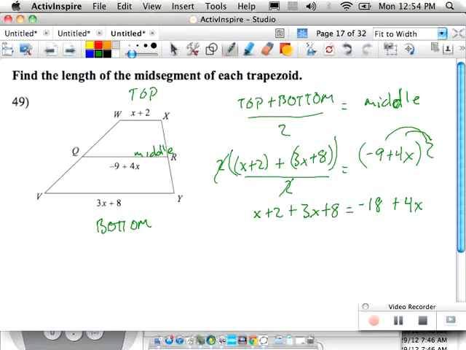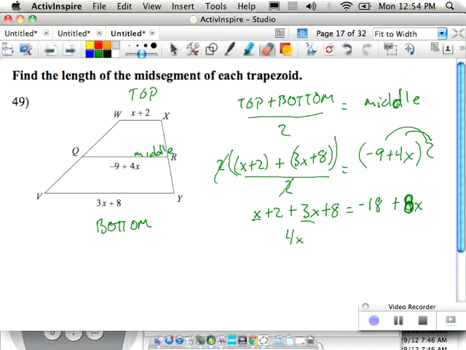So as I'm looking at this, I notice that on the left side I can simplify things a little bit. I'm going to have x and 3x, that's going to give me 4x. And then I'll have 2 and 8, which equals, oh, pardon me, this 4x here on the right side should be 8x.